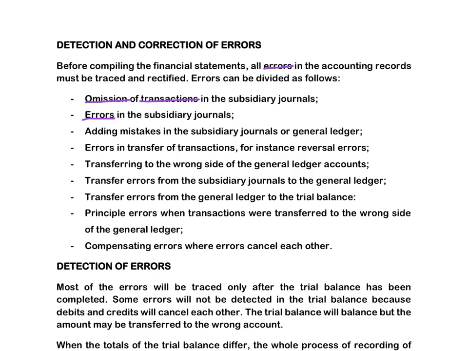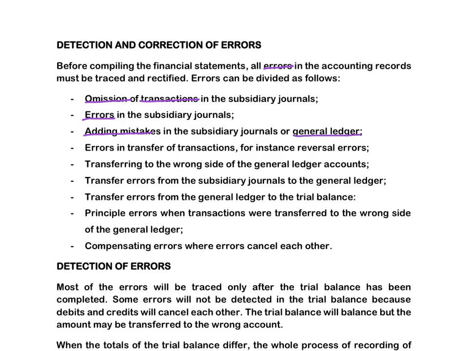Adding mistakes in the subsidiary journal or in the general ledger, so if there's adding mistakes in the subsidiary journal, you will post these wrong figures to the general ledger and therefore your amounts in the general ledger are not correct to record in the financial statements, so you have to correct those mistakes.